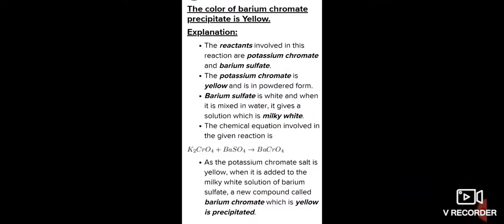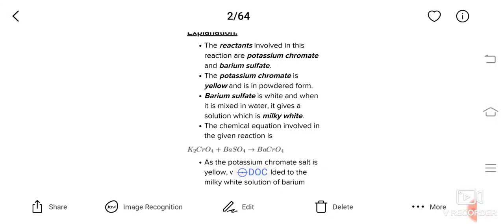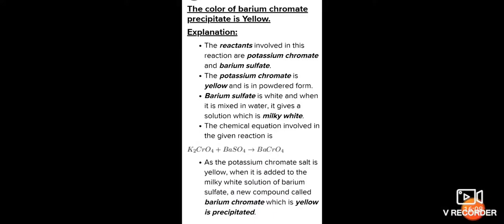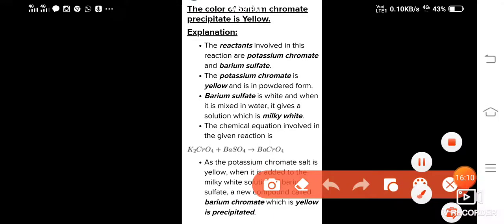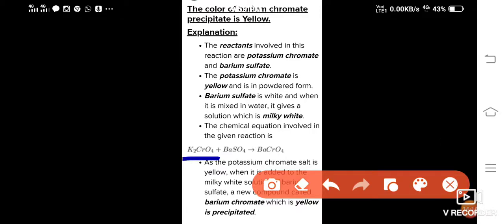So what is going to happen? See, this potassium chromate is yellow, in powdered form. Barium sulfate is white in color.